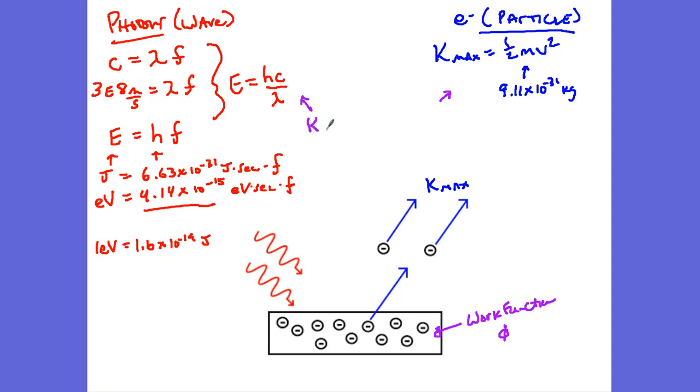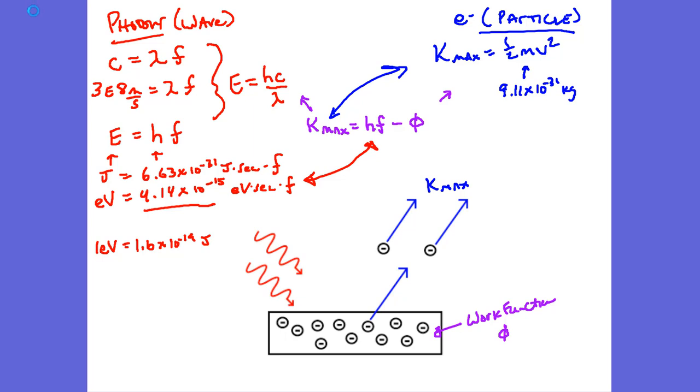And it says this: the kinetic energy maximum equals hf, that's the photon energy, okay, hf, minus the work function, and you can see right here the kinetic energy max relates that guy. The hf is the energy of the photons, and the work function is how much the metal absorbed.